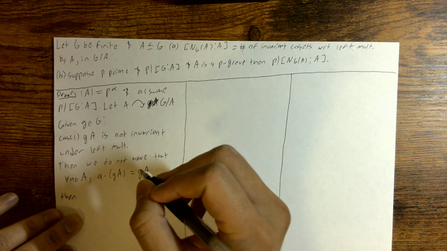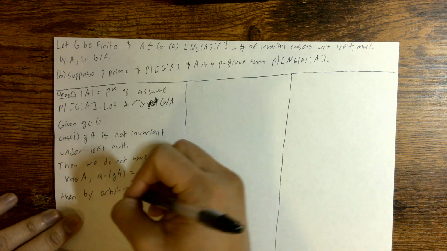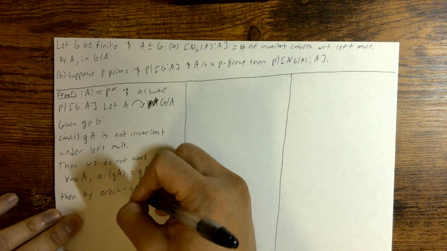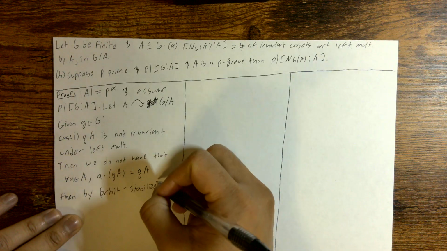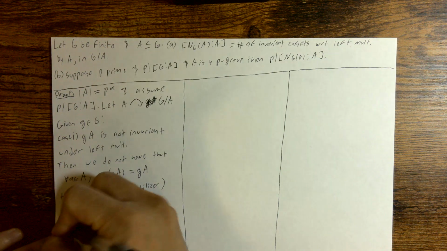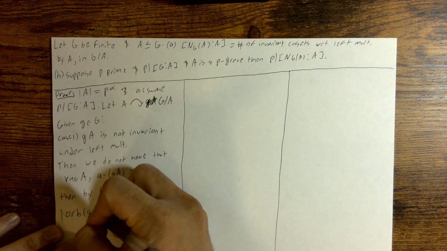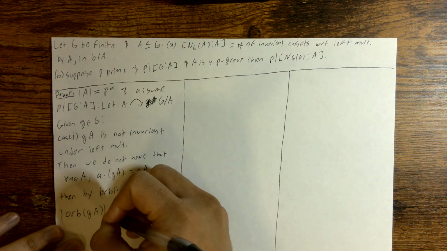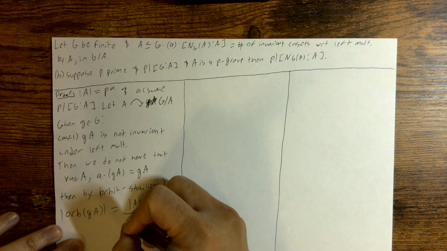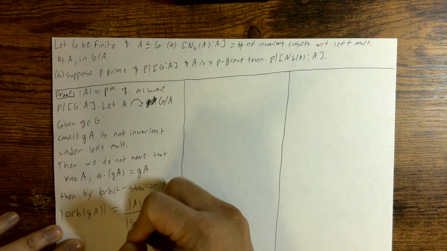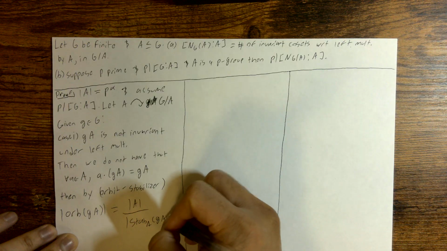Then, by the orbit stabilizer theorem, the orbit of gA has size the order of A over the stabilizer in A of gA.